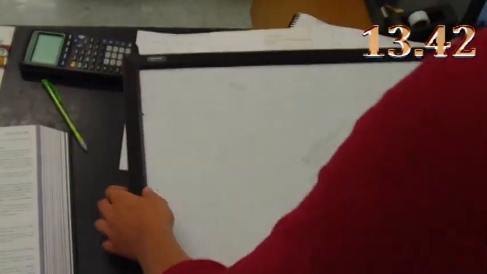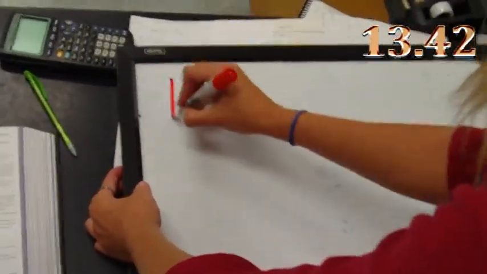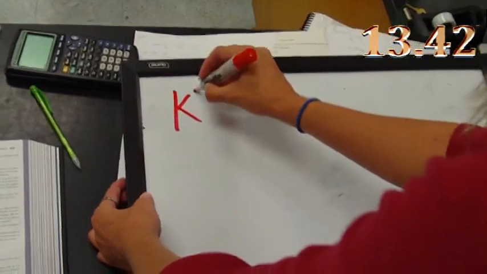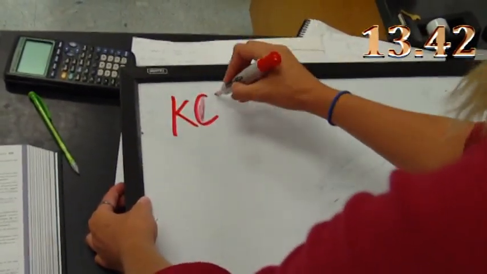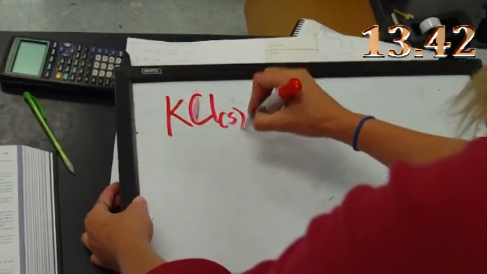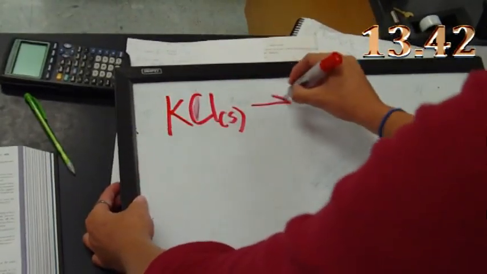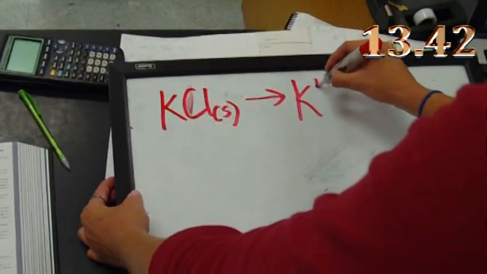Alright, so for a problem like this, we're going to start by writing the equation of the vaporization of potassium chloride, solid potassium chloride, into its gaseous ions. So it's going to look like this.